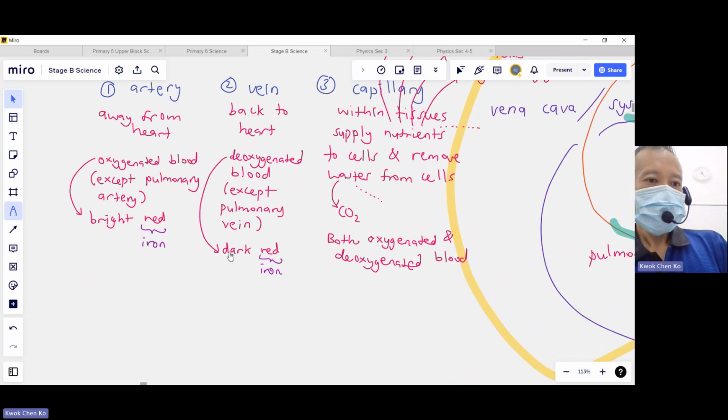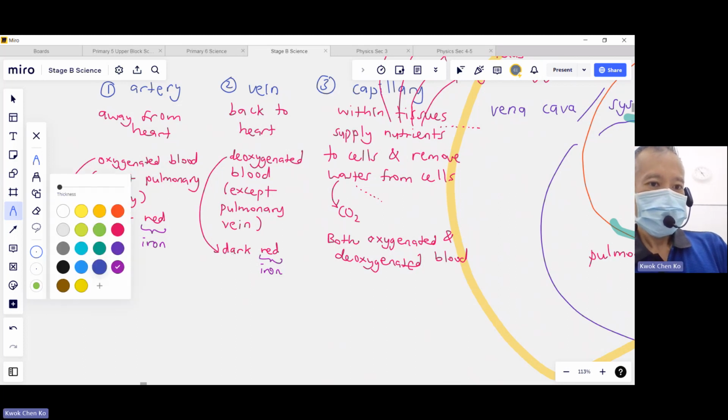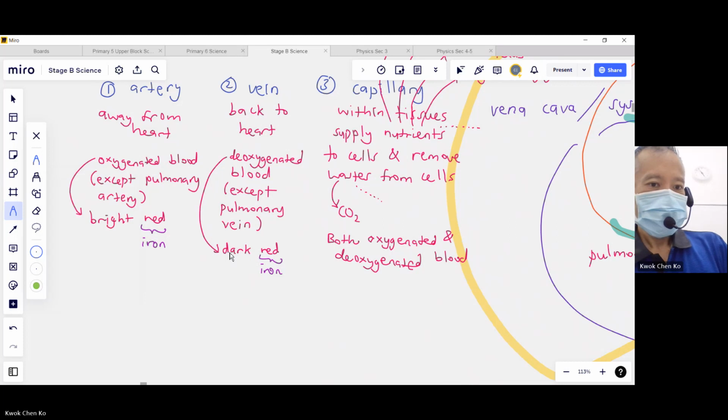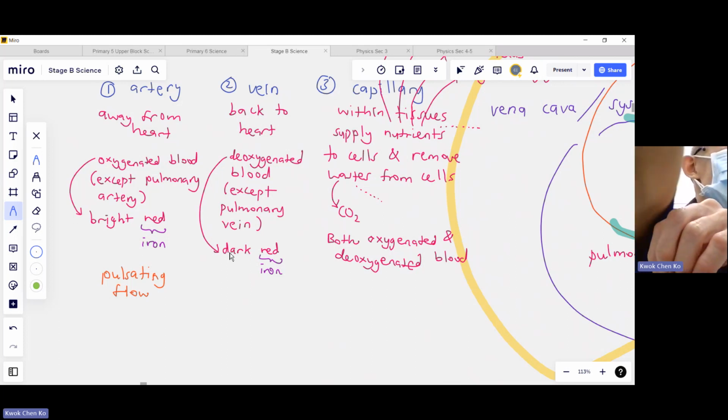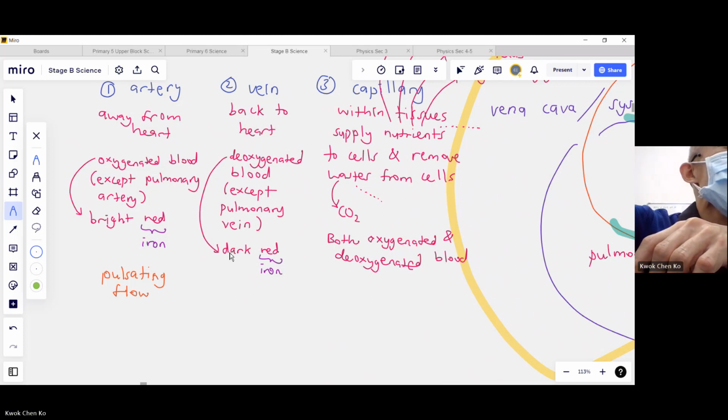For arteries, typically the flow is pulsating. That means the blood doesn't just flow continuously, it flows in pulses according to your heartbeat.